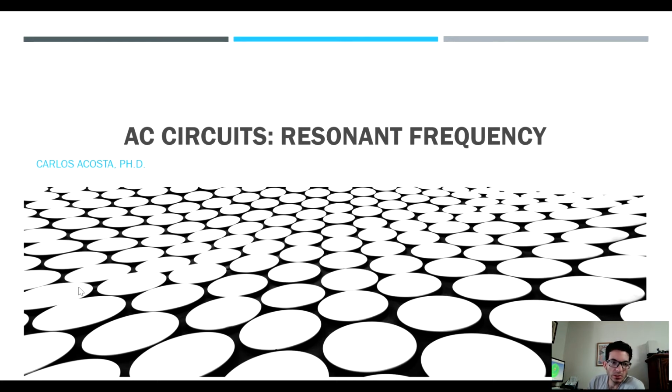We know that the impedance is basically the reactance of the element and the phase shift produced by the element, and the reactance is the resistance of electrical current to flow through an element in AC circuits.